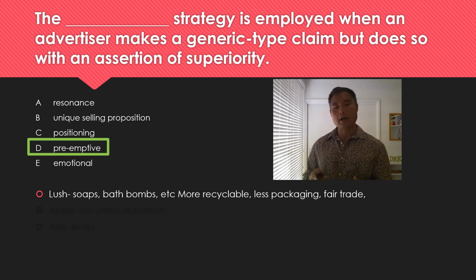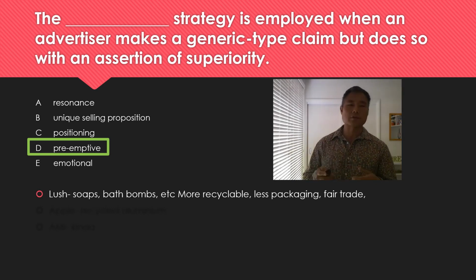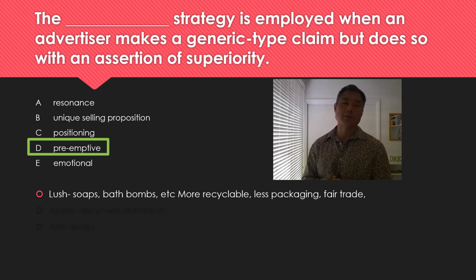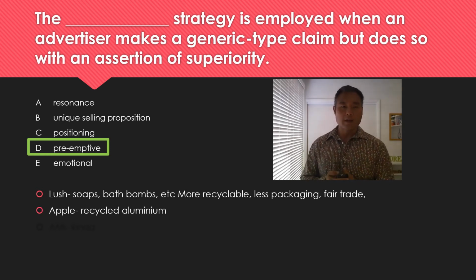Now you could argue that other companies like Body Shop could probably argue the same thing about trying to be more fair to the environment, using gentler products, opposing animal testing, all that sort of stuff. But Lush kind of goes out there and really stakes their claim as being a very, very eco-friendly product. And so they own that.